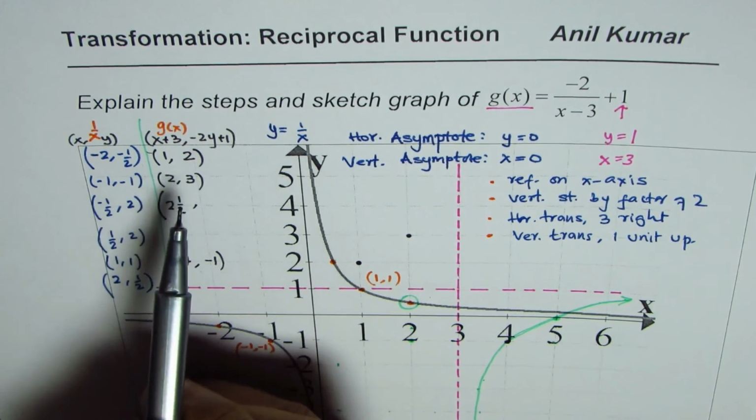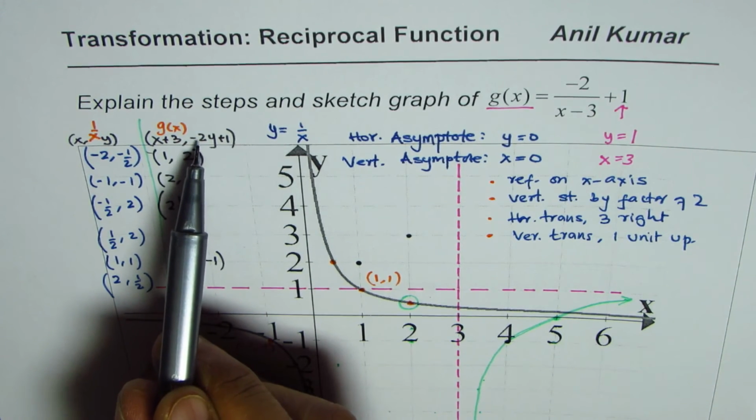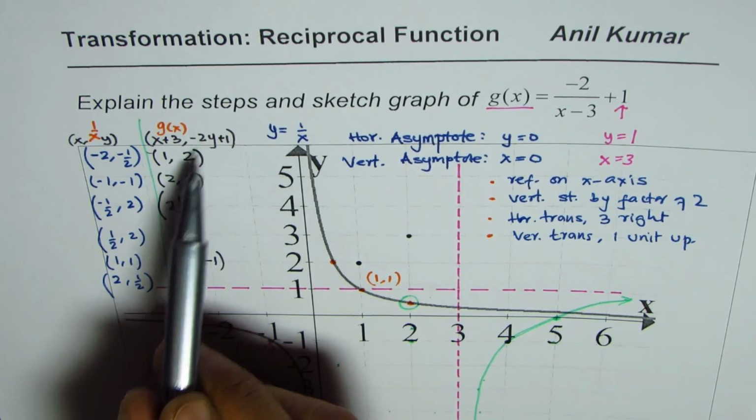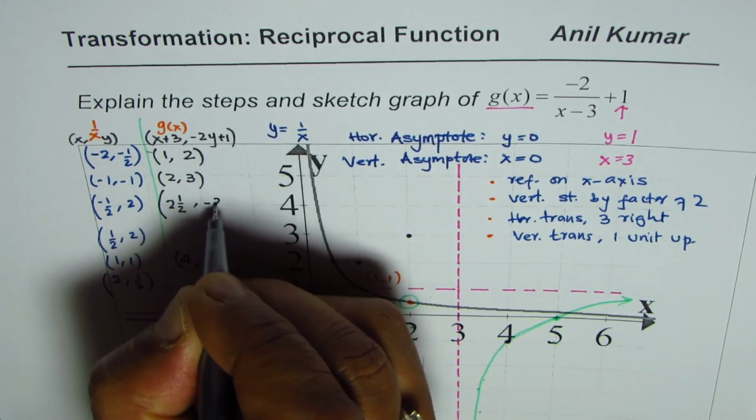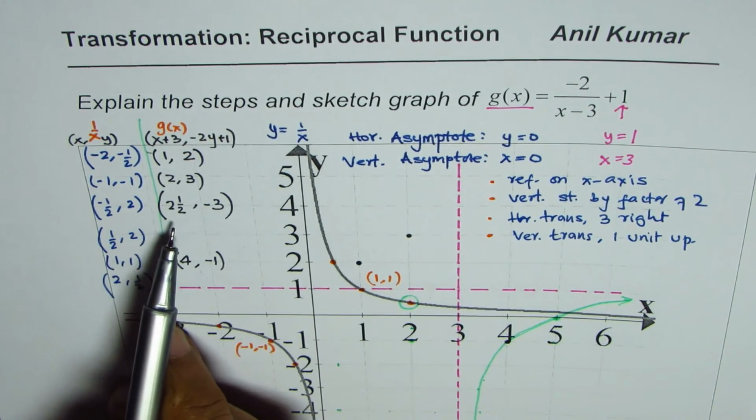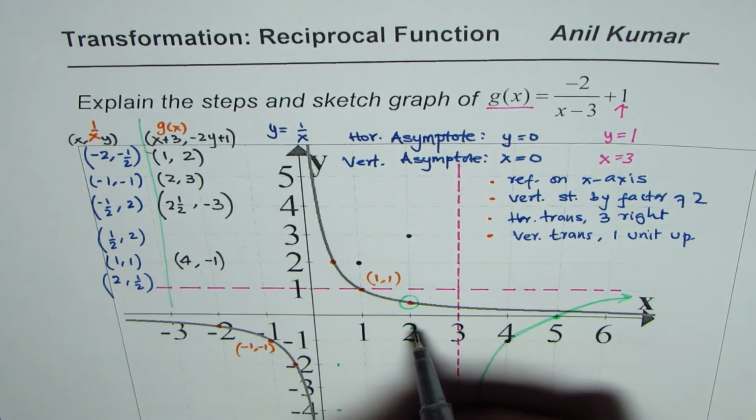And then we have -2 times the y value, which is 4. So it's -4 plus 1 as -3. So this point will be 2.5.